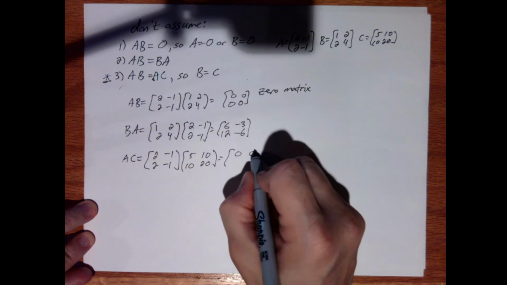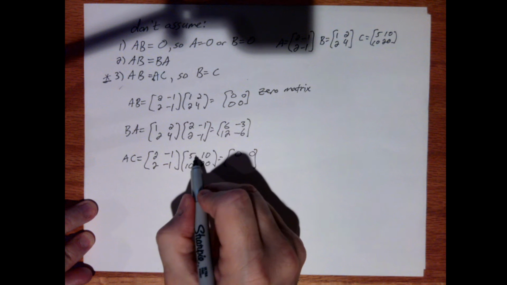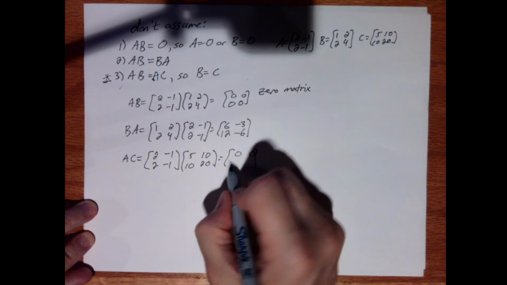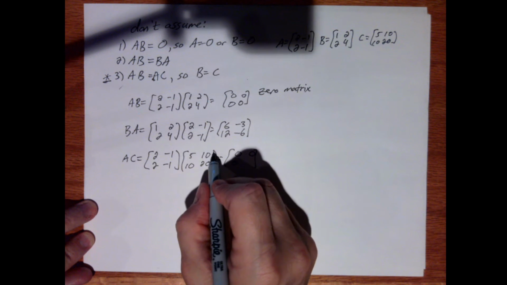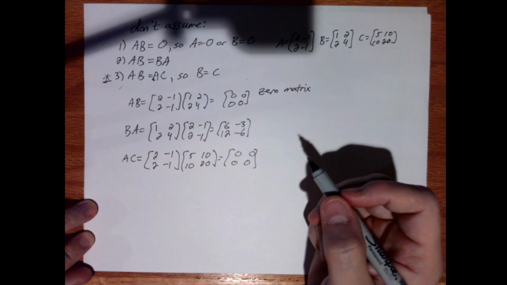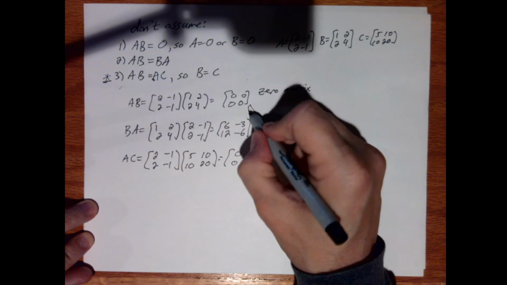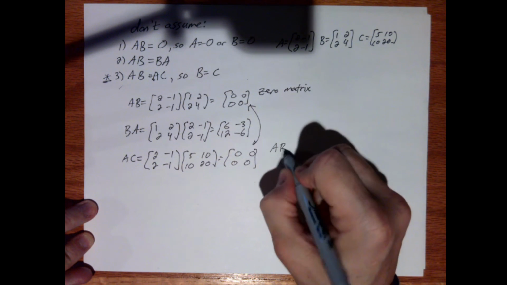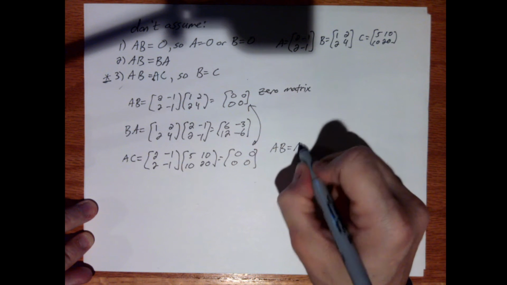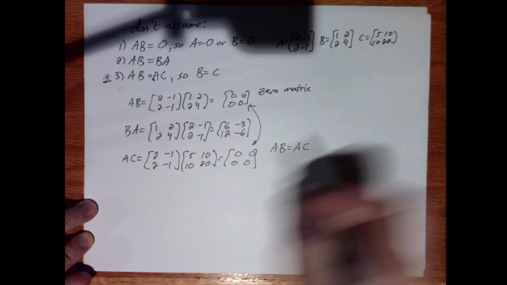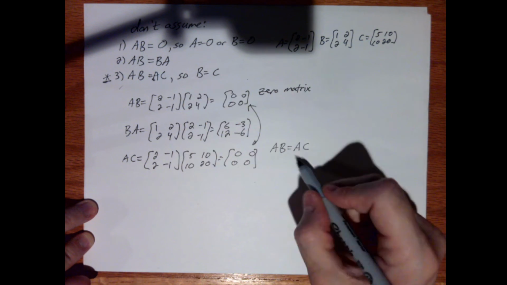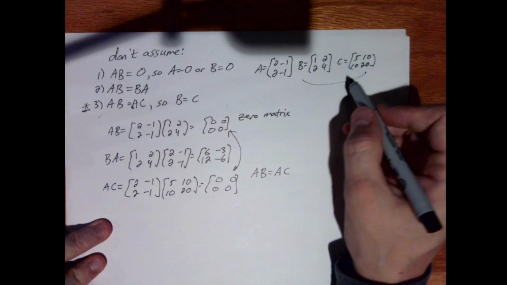Minus 20 is 0. 2 times 5 is 10. Minus 10 is 0 again. 2 times 10 is 20. Minus 20 is 0. So we do have here that AB is equal to AC. But what about B equals C? Are they the same? Well, no, they're not the same.